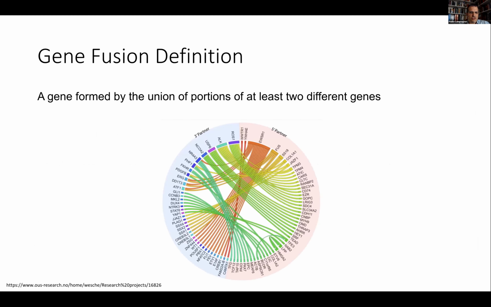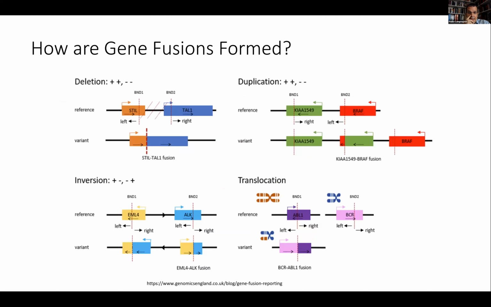So starting with a definition, a good definition is that a gene fusion is a gene formed by the union of portions of at least 2 different genes. We have some cases of 3 genes involved in fusions in the literature, but we need at least 2. And how are gene fusions formed, right?